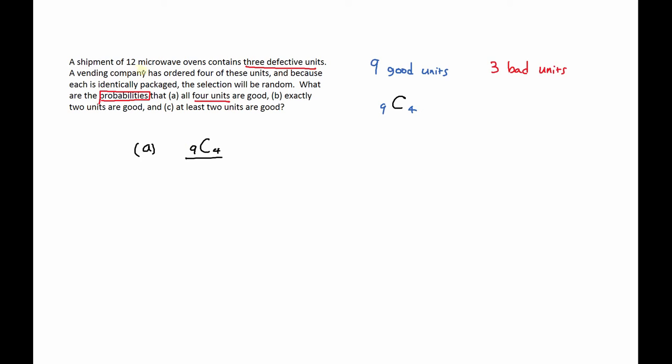Since we have a total of 12, and that includes the bad units, you have to put them on the bottom. So you have to write the 12C4. Okay, it's like a total of 12. You're arranging stuff. Not arranging, you are having a combination of 4 elements.